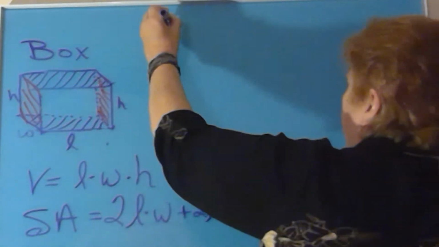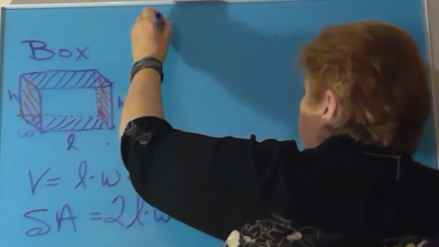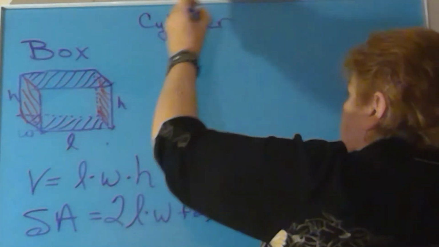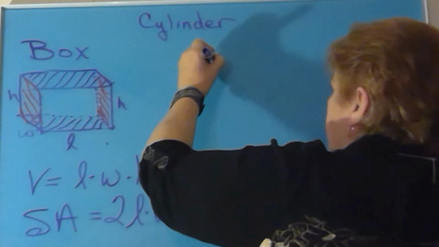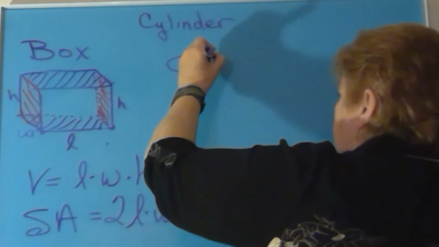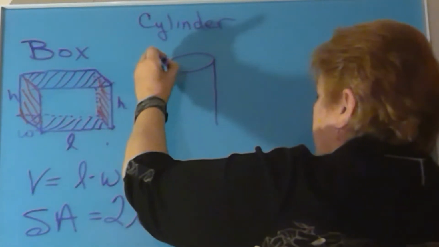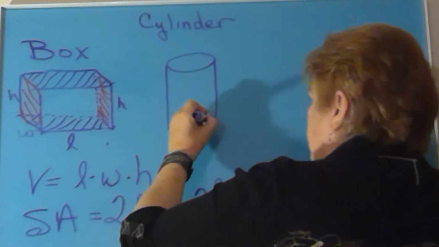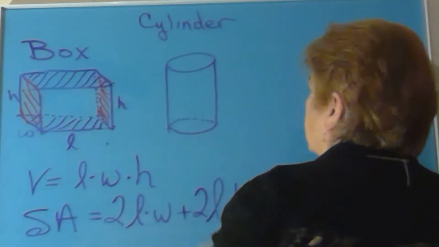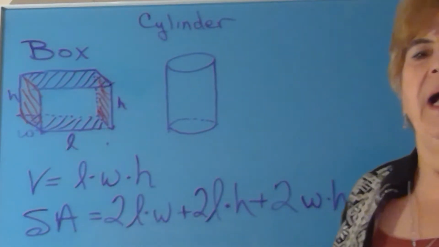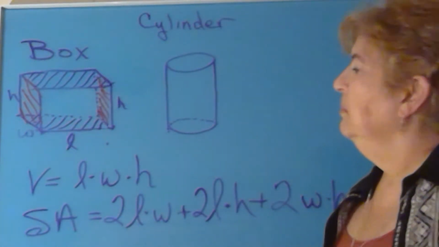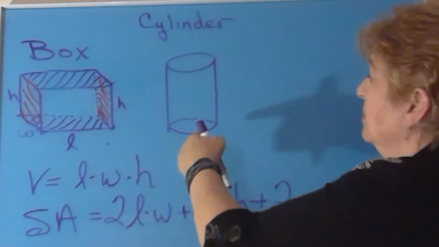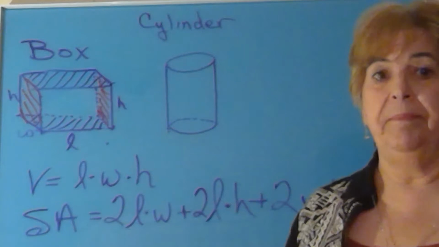Next thing we're going to look at is a cylinder. A cylinder is basically a box that has a circle on the bottom.